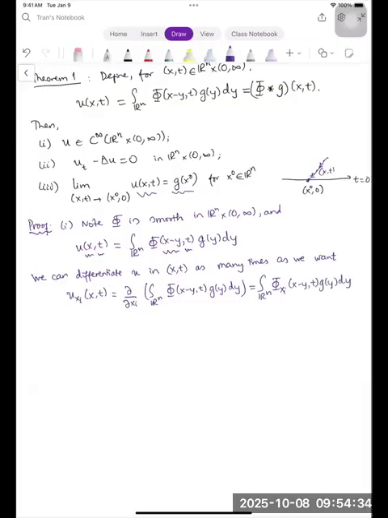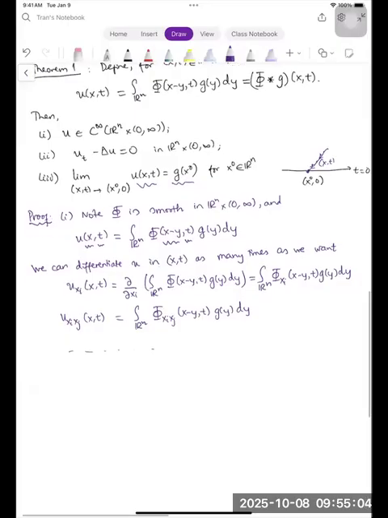Similarly, if I differentiate u_xi xj (x,t), differentiating once more in xj, it becomes exactly phi_xi xj(x minus y, t) g(y) dy, and I can differentiate with respect to the x variable as many times as I want.